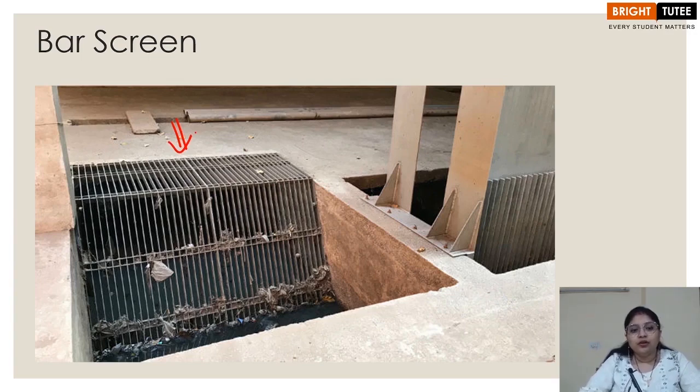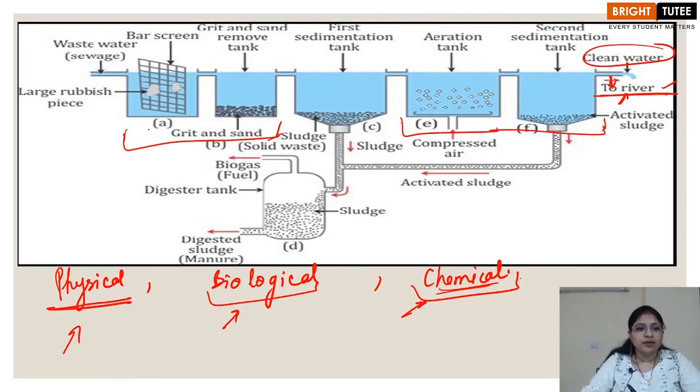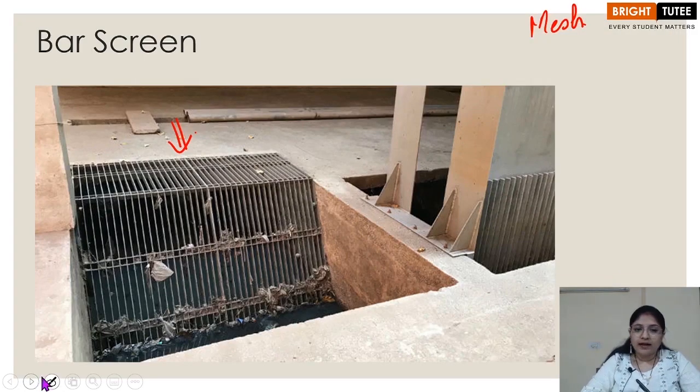As you can see over here, the bar screen is somewhat like a mesh, right? So when you look at the previous picture, you can see how the bar screen actually works, right? It looks like a mesh, and the large rubbish pieces get stuck in the mesh when the water flows through it. Right? So over here also in this particular slide, you can see how these physical things have got stuck in this, right?